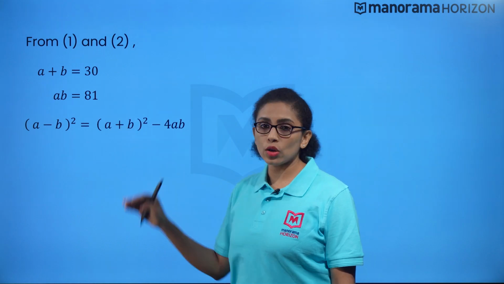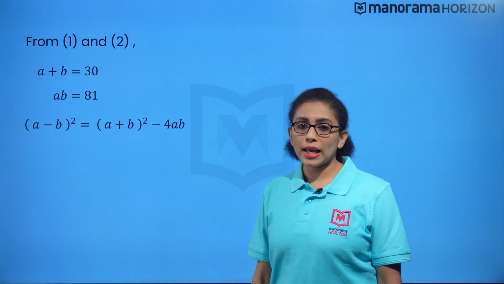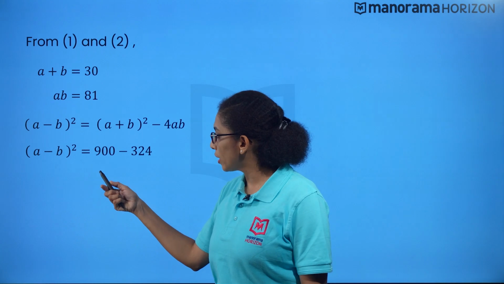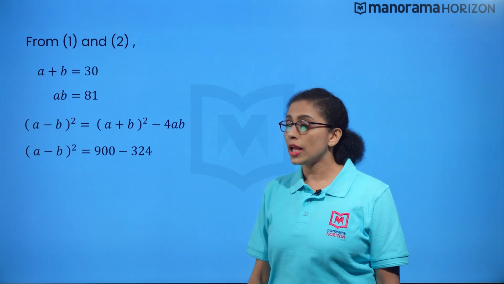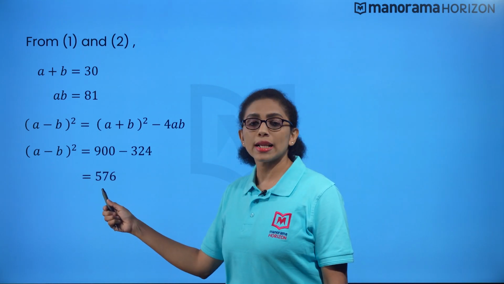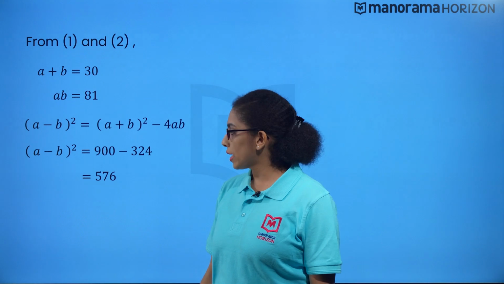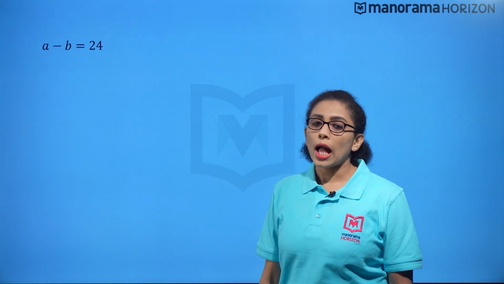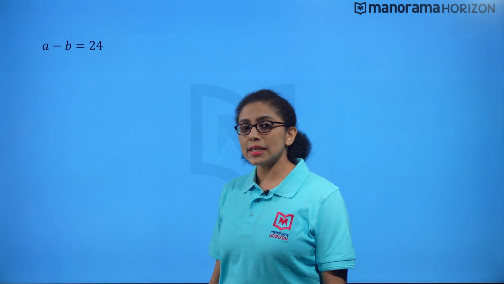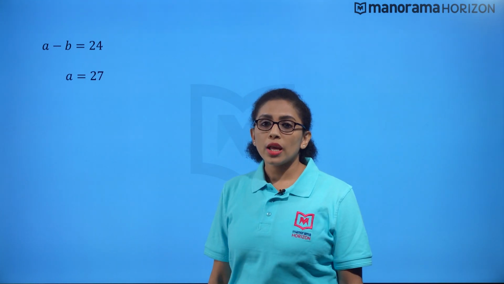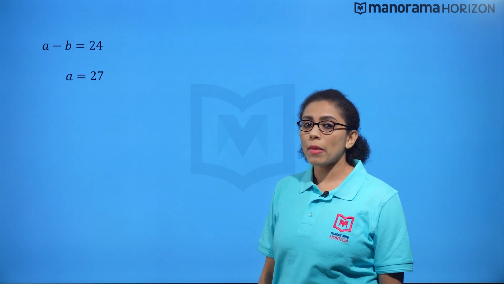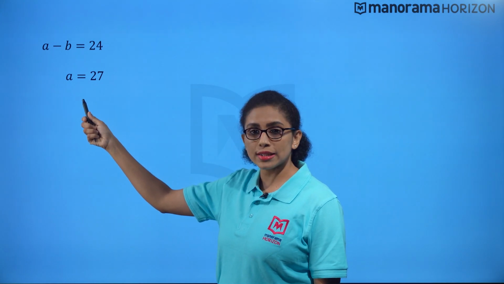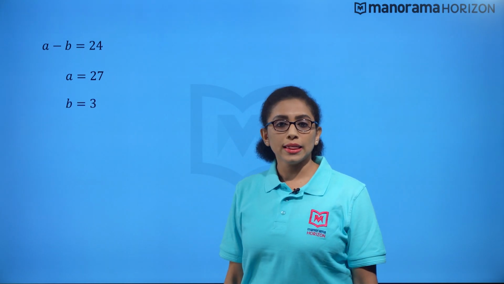Now putting the values in this equation, we get (a minus b) the whole square is equal to 900 minus 324, and we get it as 576. That is, a minus b is equal to 24. And on solving a plus b is equal to 30 and a minus b is equal to 24, we get the values of a as 27 and b as 3.